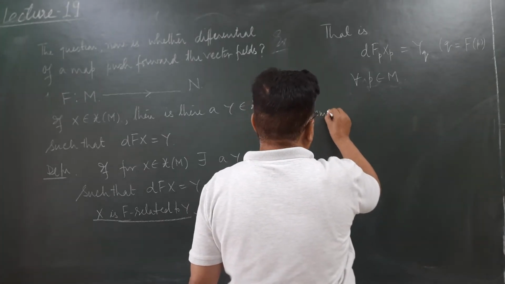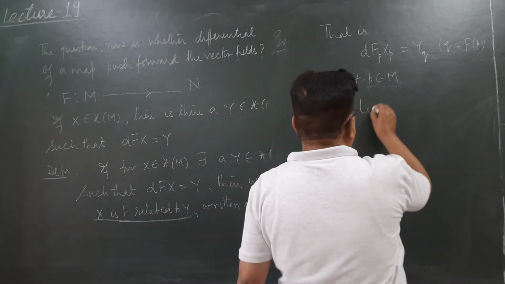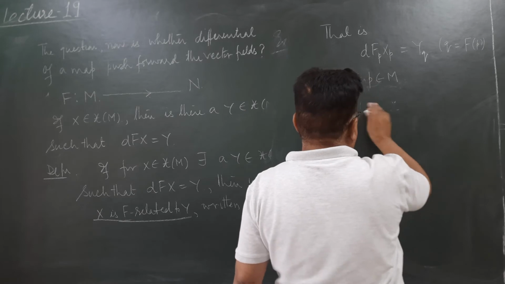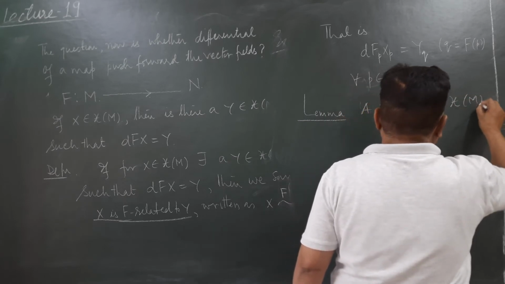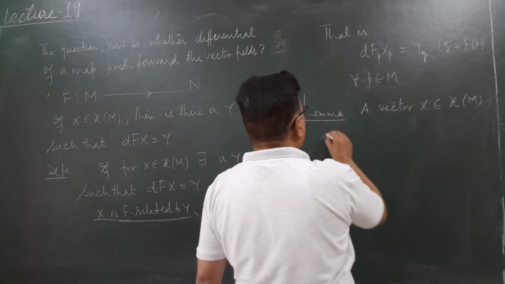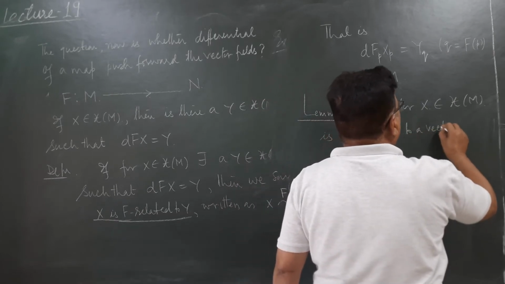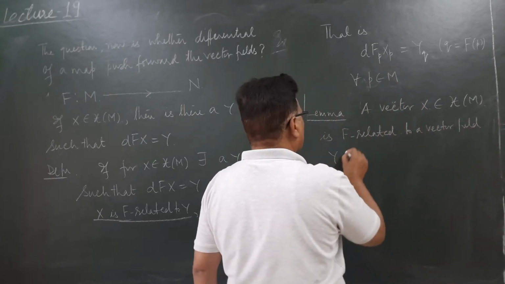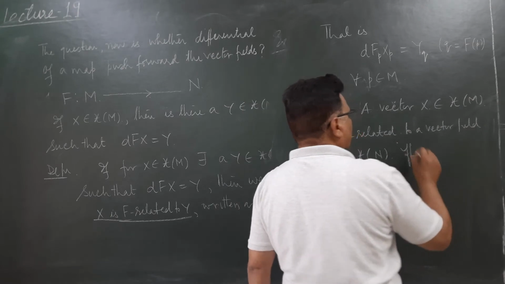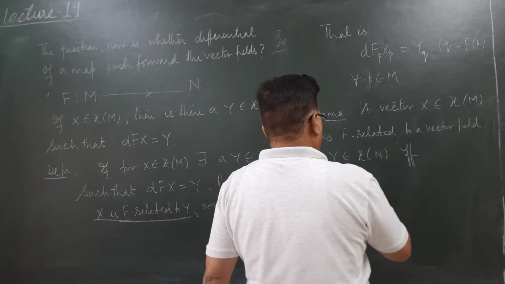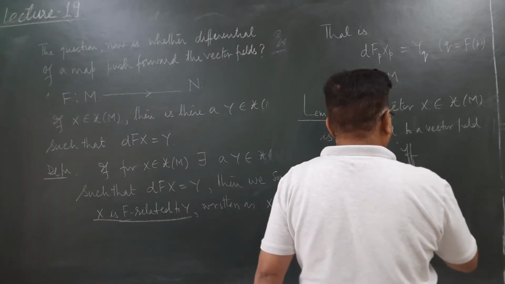It's not a very strong result, but: a vector field x belonging to chi M is f related to a vector field y in chi N if and only if the following relation holds: x operating on g composed with f is equal to y g composed with f.